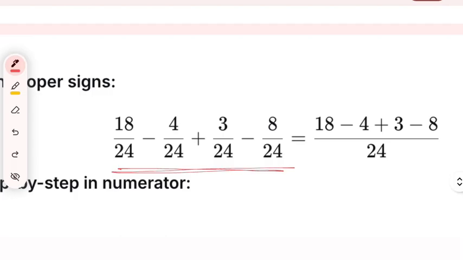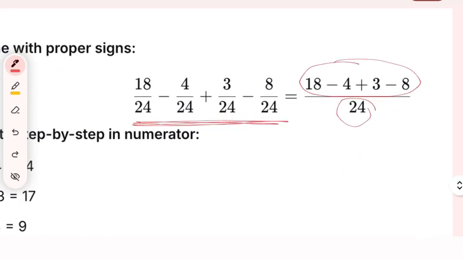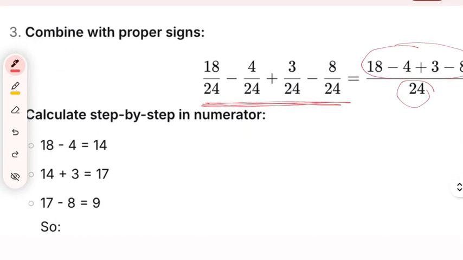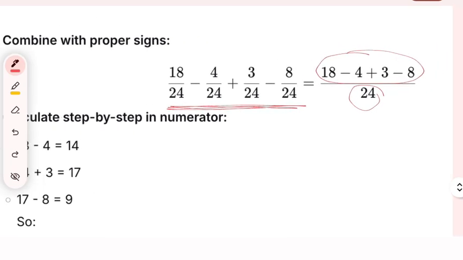And it is easy to subtract or add like fractions. You just copy all the numerators in here, divided by 24. And you do it from left to right. So as you can see here, we have 18 minus 4 plus 3 minus 8.